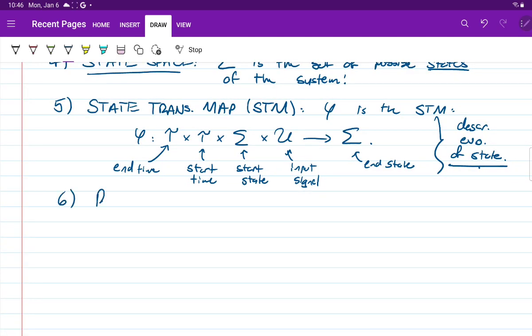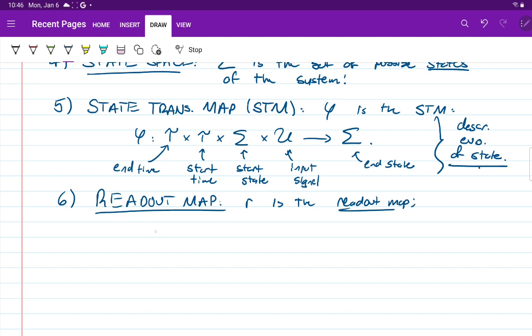Now let's define the readout map. All right. So just like the state transition map described how the state was evolving, remember that the readout map was describing the measurement process. All right. So we denote this by R. R is the readout map.